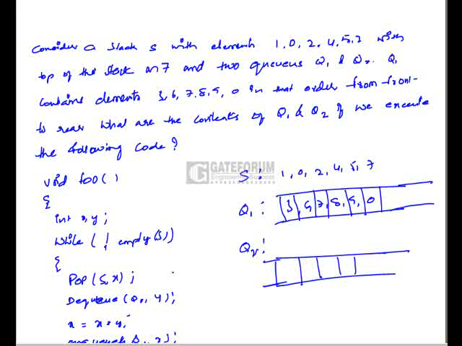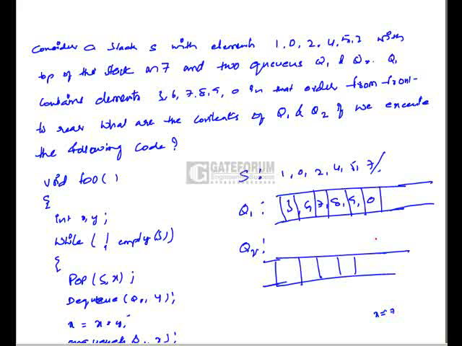Now if we execute the code, in the first step we are popping the element from the stack S and storing it into variable x. So whenever we pop the element which is at the top of the stack, here 7 is popped out and it is stored in x.